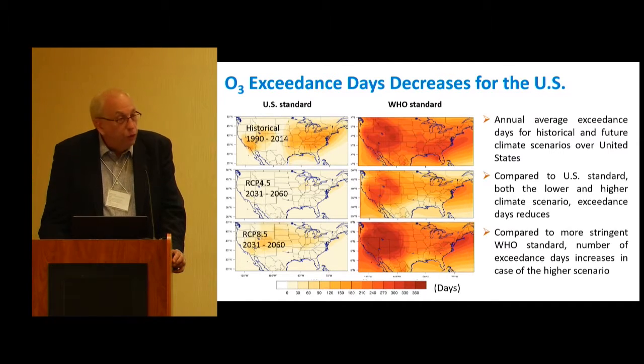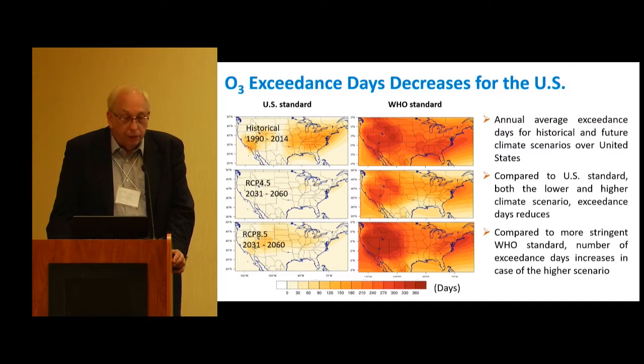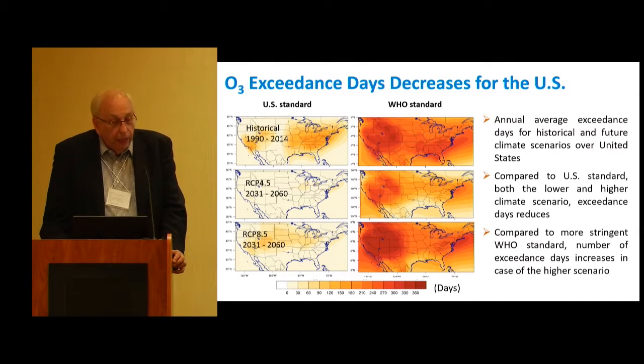If we look in the future, we looked at two cases, RCP 4.5 and RCP 8.5. RCP 8.5 basically assumes that we will continue to heavily use fossil fuels through mid-century and beyond, and corresponding to that, overall an increase in emissions that cause more air pollution.